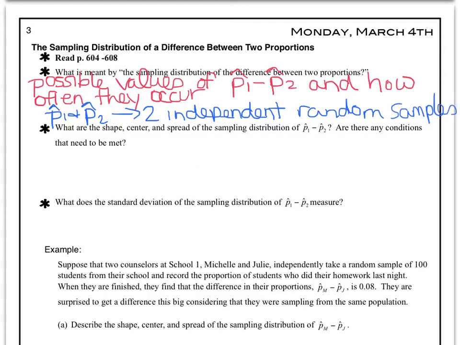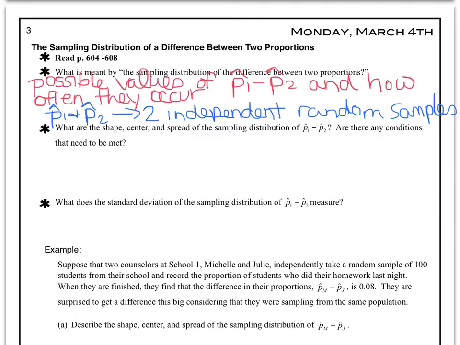Independent in this case does not mean that each observation has to be independent, even though they do. Independent in this case means the samples have to be independent of one another. So I can't take a sample from a population, keep it, and then take another sample from the population without allowing those original values from the first sample to still be eligible. Okay? That's going to change my probabilities of what I could get the second time for the second sample, and therefore make it not independent. So they have to be two independent random samples.